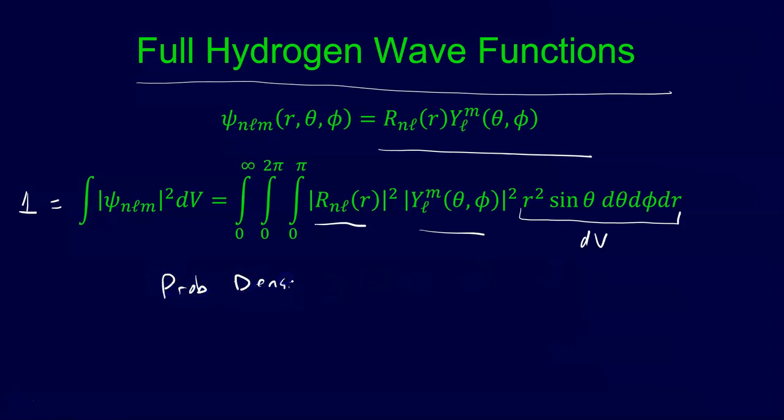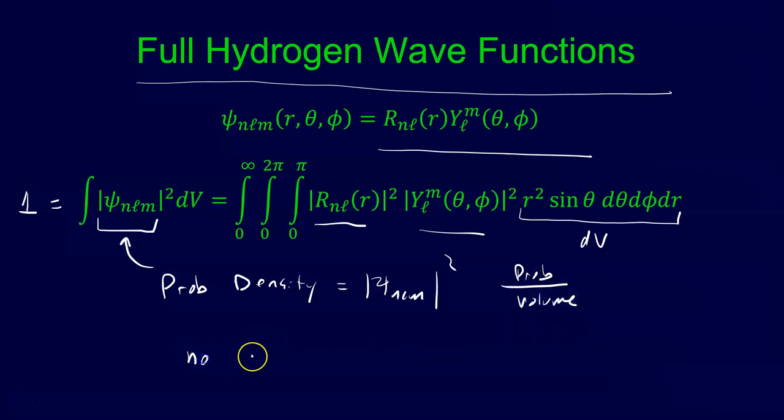So going back to stuff we talked about in 1D, the probability density is this guy right here. So the probability density would be the psi NLM absolute squared. And that's going to have units of probability divided by volume.